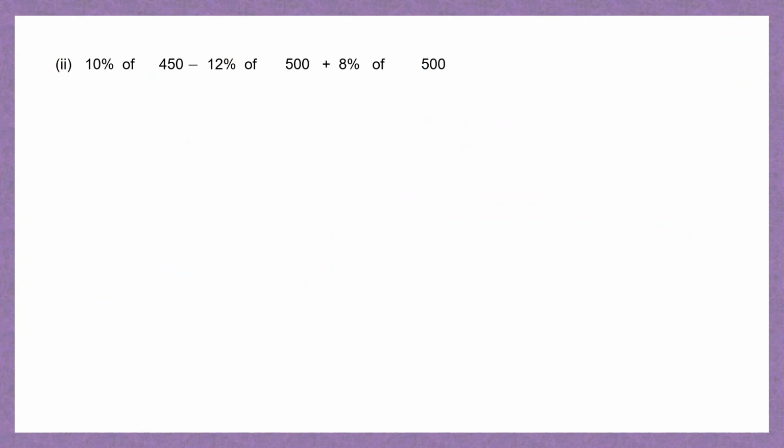Question 2. 10% of 450 rupees minus 12% of 500 rupees plus 8% of 500 rupees. So here also, let's put them within brackets and start working out the sums. Okay, so the first one is 10% of 450.